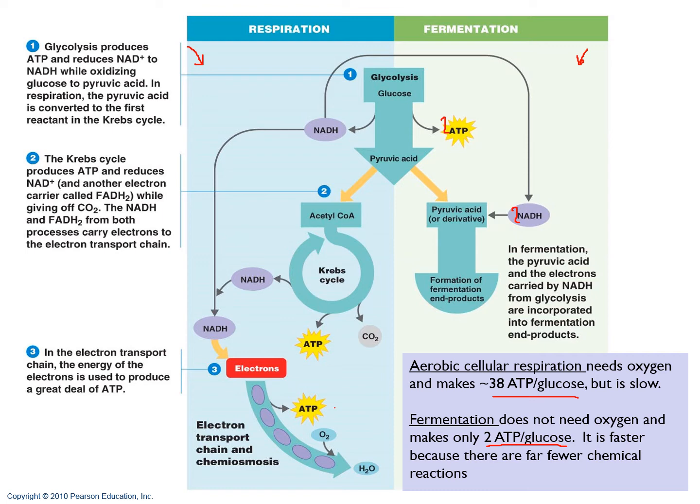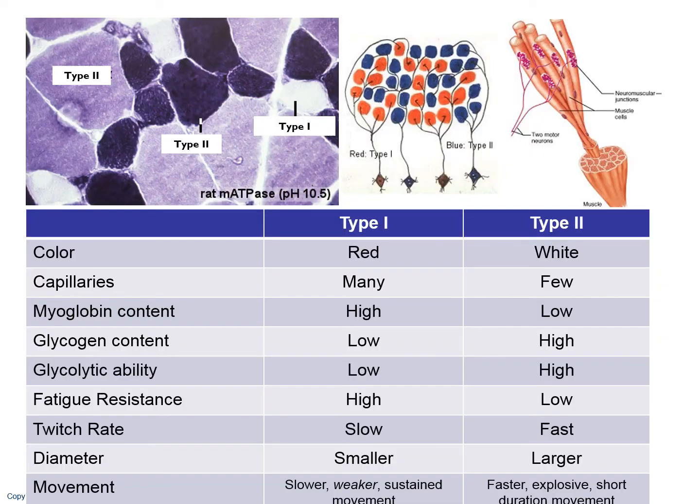Now let's look at our muscle fibers again. Type 1 fibers perform aerobic cellular respiration. These cells will have lots of mitochondria in them, and they'll have a high demand for oxygen. Oxygen gets to these cells from red blood cells flowing through our circulatory system.